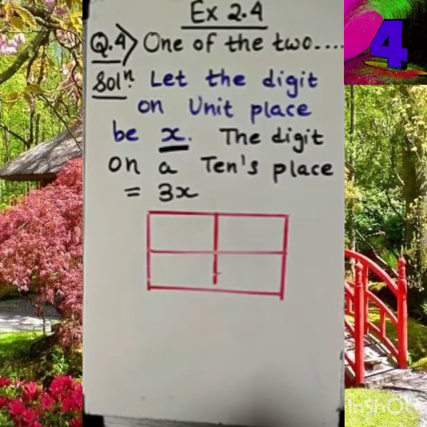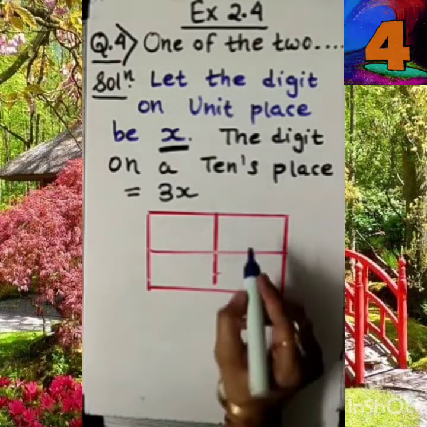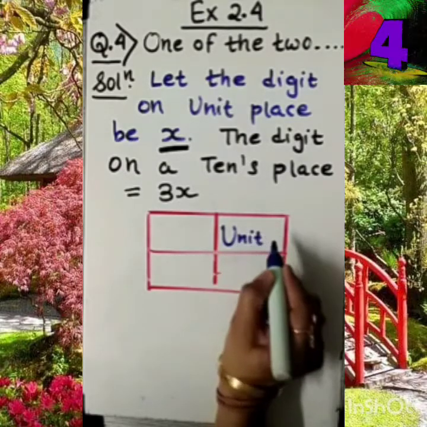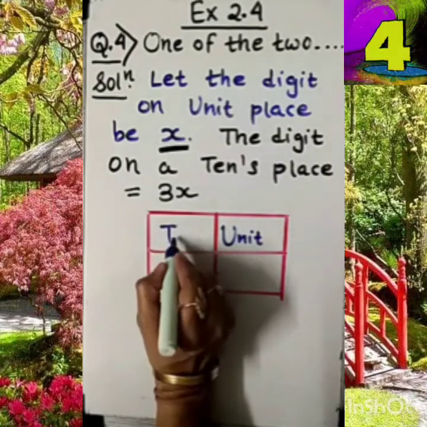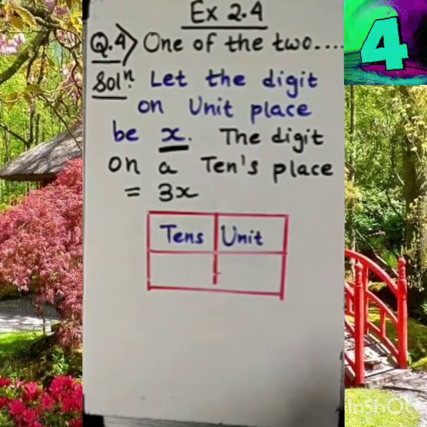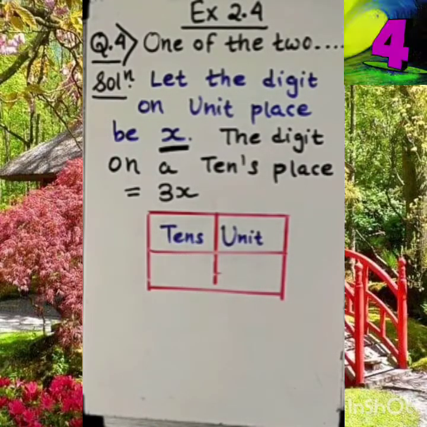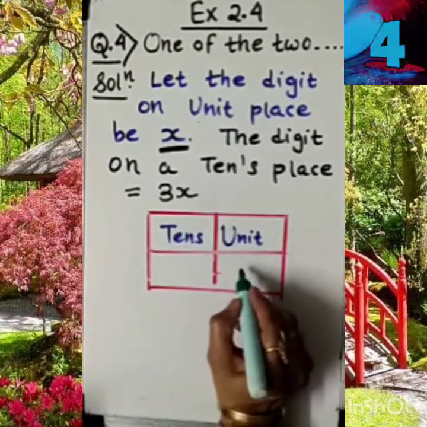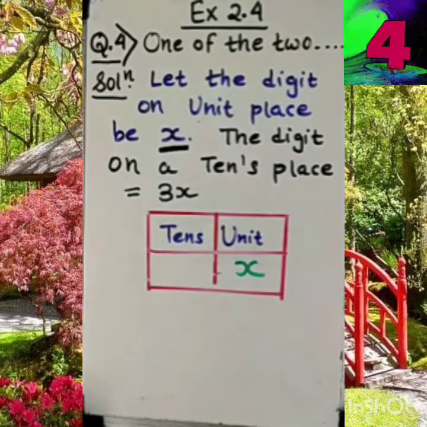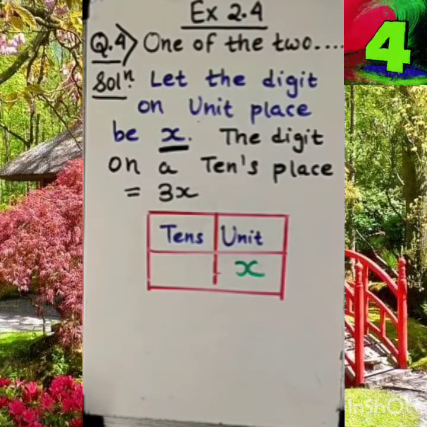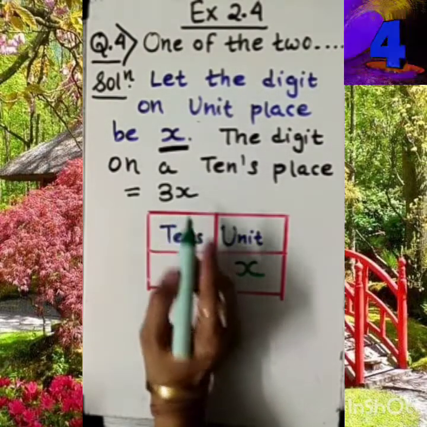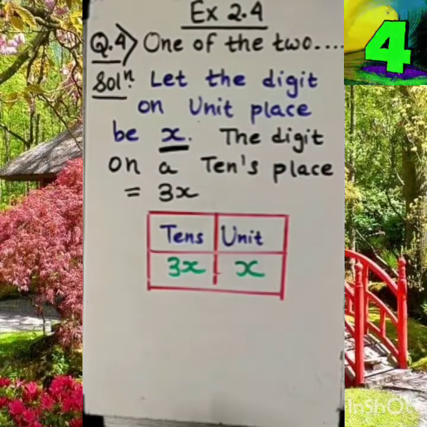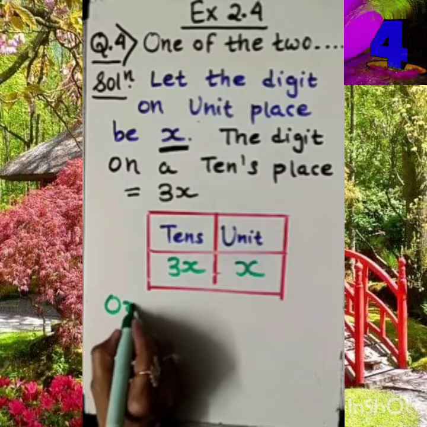So here I am mentioning unit place and this is tens place. Now dear student, for the unit place digit we have assumed x. So I am mentioning this is x. Clear? What about tens place digit? That is 3x. So I am mentioning this is 3x. Now how to find the original number?